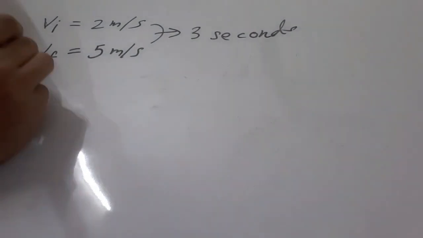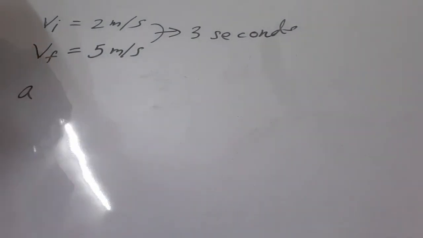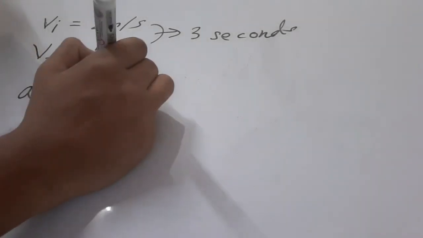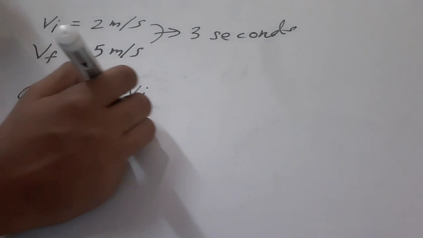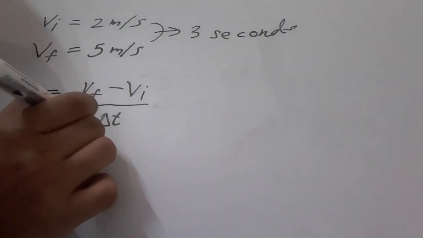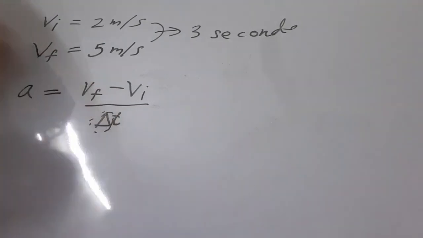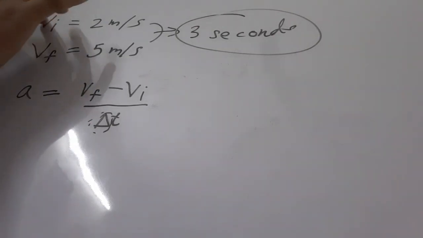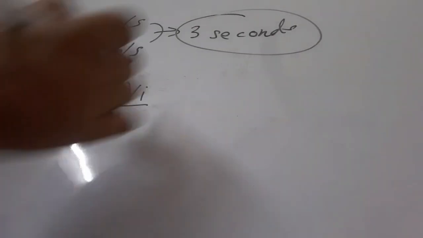So acceleration here should be defined as a equals Vf minus Vi upon delta t. I've talked before that delta means change in. So the change in time, since I switched my velocity, is 3 seconds.